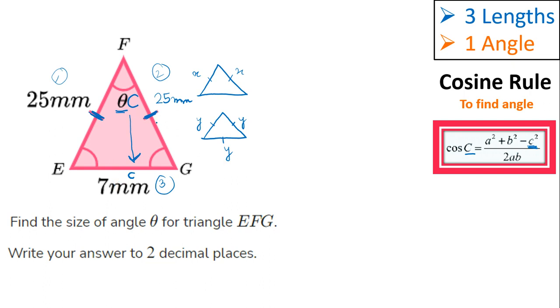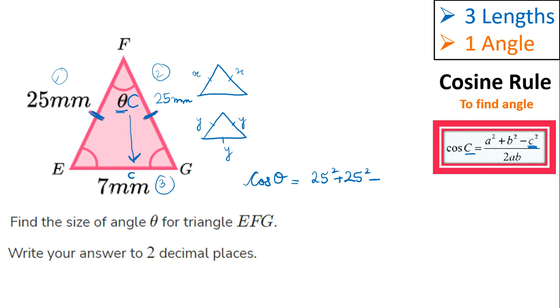So the length right opposite to the capital C is always going to be my small c, which means that if I put the values inside this formula, I would have something like this. Instead of C, now that I have my angle theta, I'm going to put cos theta equals a squared plus b squared. In this particular case, both of them are 25, so I'm just going to write 25 squared plus 25 squared minus c squared.